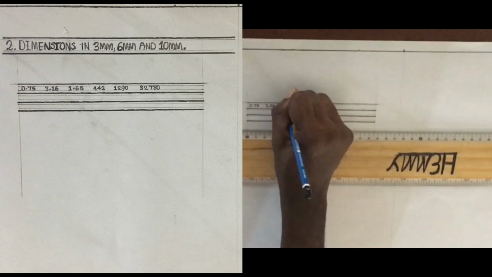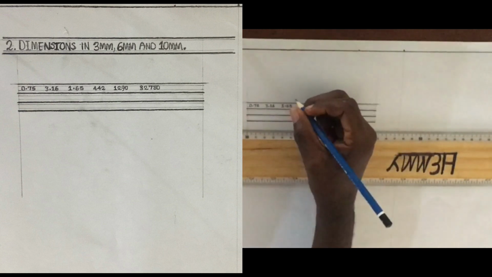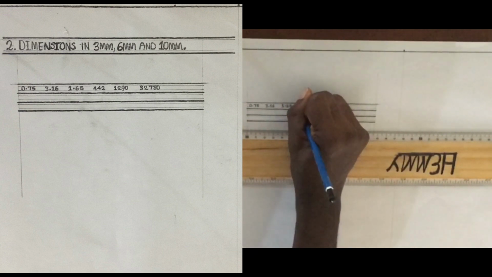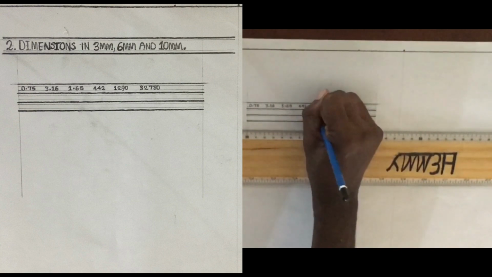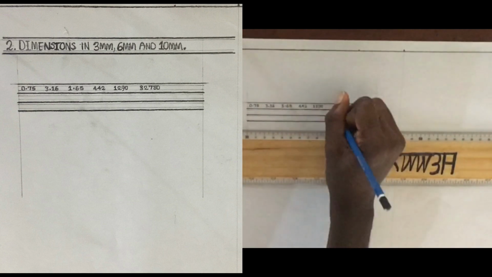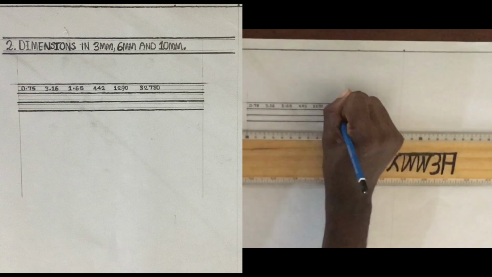Alright, the next is 1.65, and do ensure that your spacing is consistent. Then the next is 444,442, then 1,290, then 32,780.